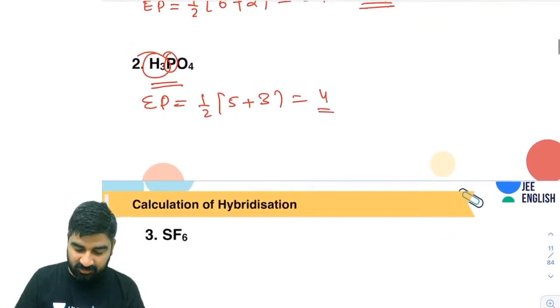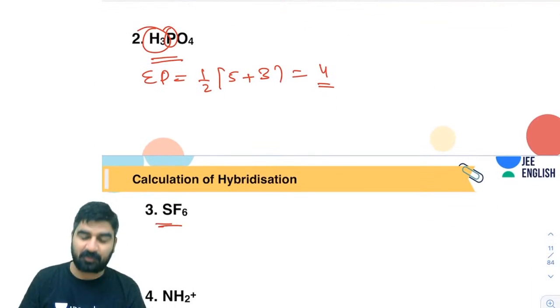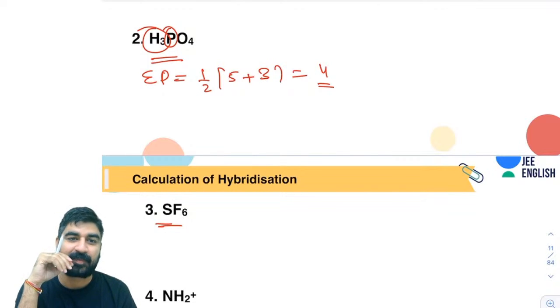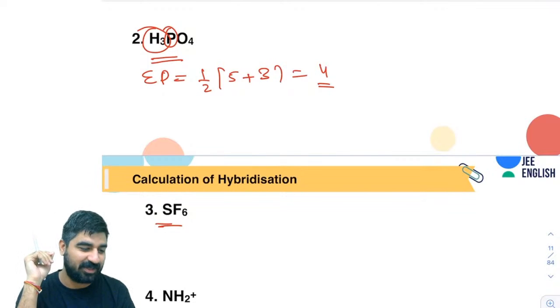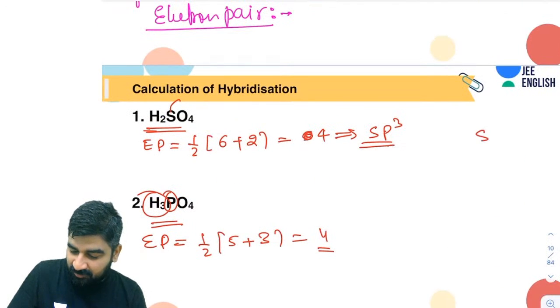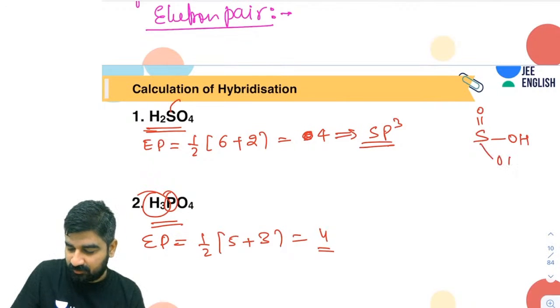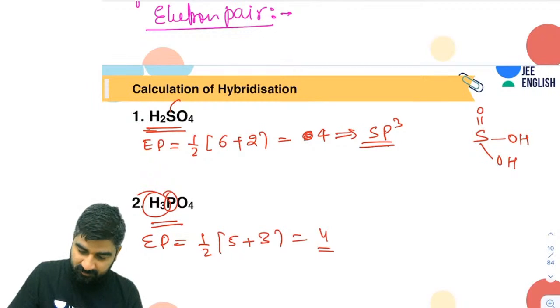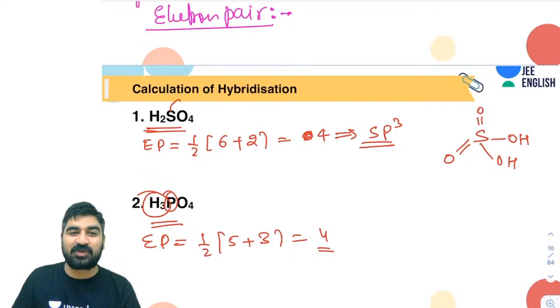So guys, now do this. SF4. And also keep on telling me about the structures. So in this case, guys, we have sulfur. So we have S double bond O, OH, OH. So this is H2SO4.